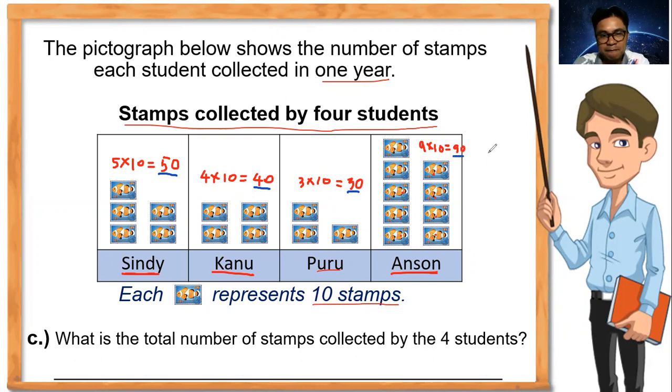So let's add 50 plus 40 plus 30 plus 90. What is the total? 0, 5 plus 4 is 9, plus 3 is 12, plus 9 is 21. Correct?